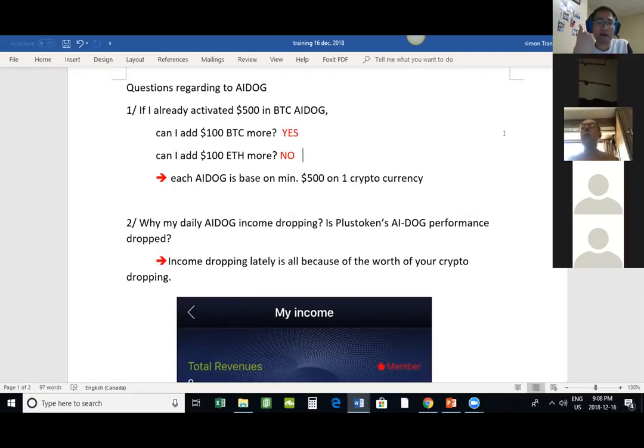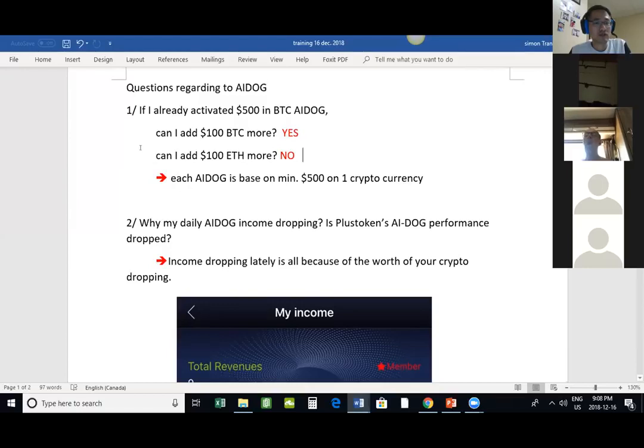If you activate $500 on an Ethereum AI doc, that is another AI doc. Ethereum and BTC are two different ones. So if you already have $500 worth of Bitcoin AI doc, and you have more Bitcoin later on, you can add it into your existing BTC AI doc anytime you want, in any amount. There's no minimum anymore after you activate $500 on the BTC AI doc.